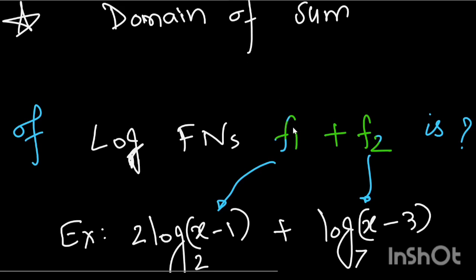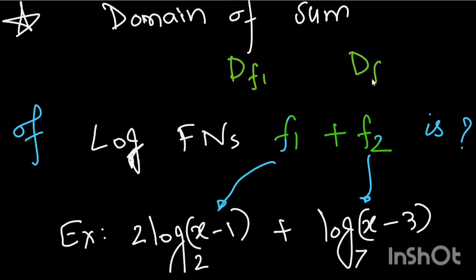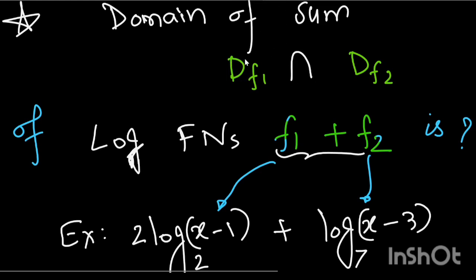So if you choose the domain of f1, and if you choose the domain of f2, you calculate the domain of f2. Obviously we cannot put x which belongs to f1 and does not belong to f2, and vice versa. It means the domain of the sum of the two functions f1 and f2 has to be the intersection of the domain of f1 and the domain of f2.